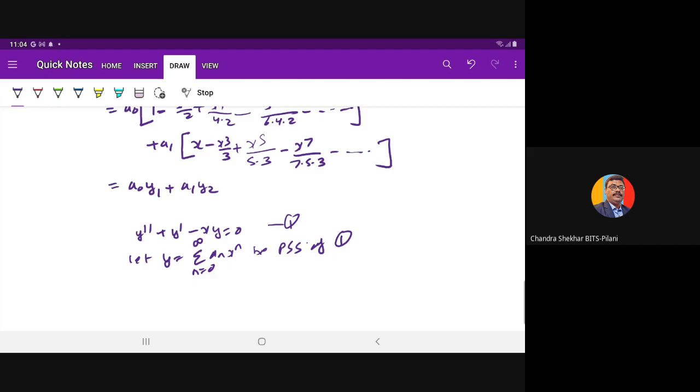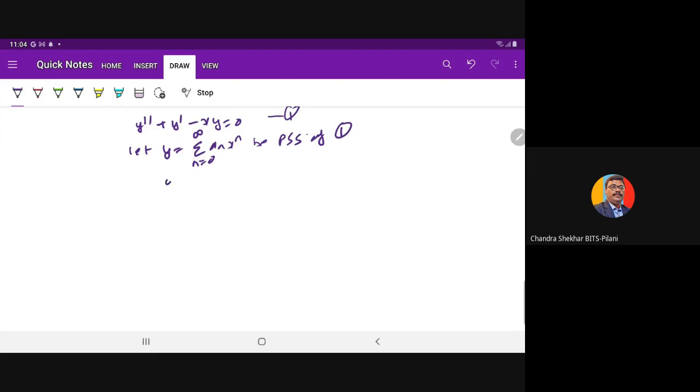So from here we can compute y dash as summation n is equal to 1 to infinity a n into n x to power n minus 1. Here always you have to start the summation from 1. And y double dash as summation n is equal to 2 to infinity a n n into n minus 1 x to power n minus 2.